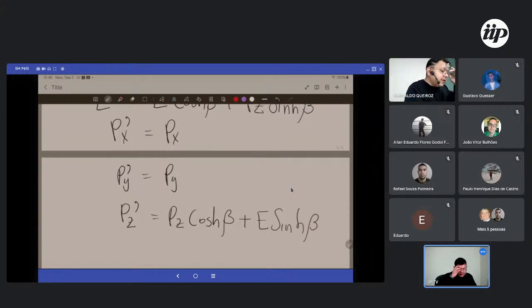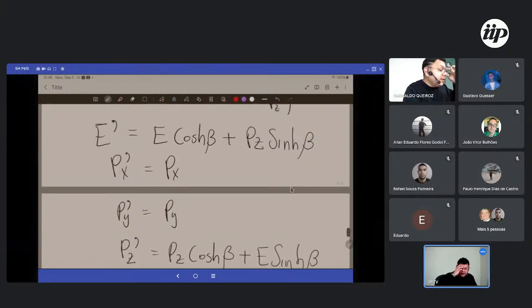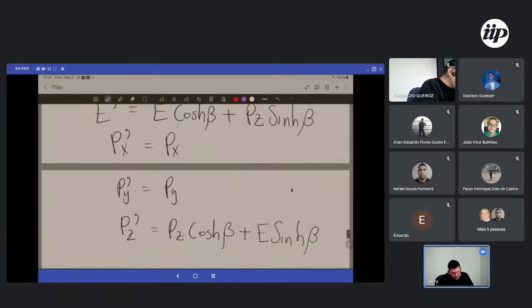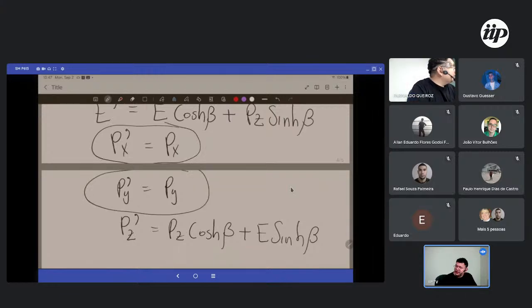So here we can see kinematic quantities that are invariant, that have the same value in the parton center of mass system and in the laboratory system. This is very important, because these two relations are the transversal momentum.